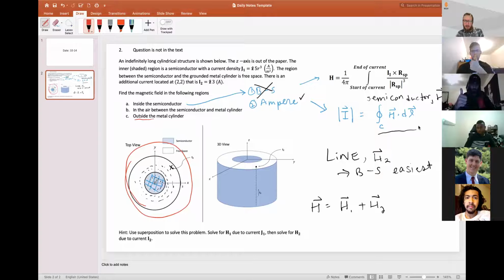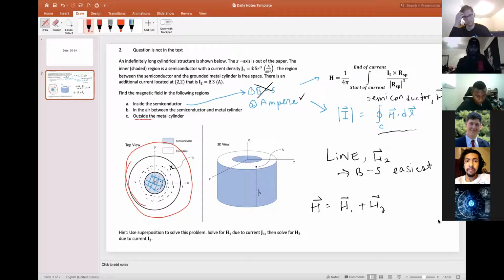What about you, AK? What do you think? Daniel, thumbs up, thumbs down? Magnetic field exists, yes, or magnetic field exists, no? Got Gabriel saying no. Okay, 3 yes, 3 no. So let's think about what's going on here.